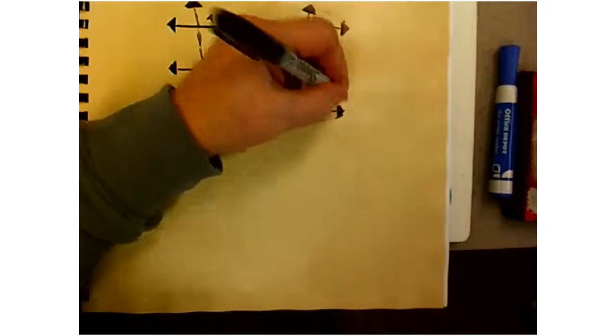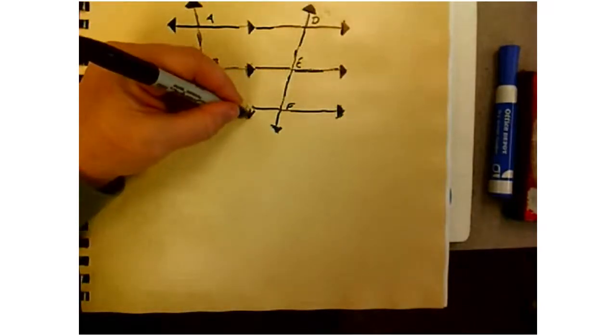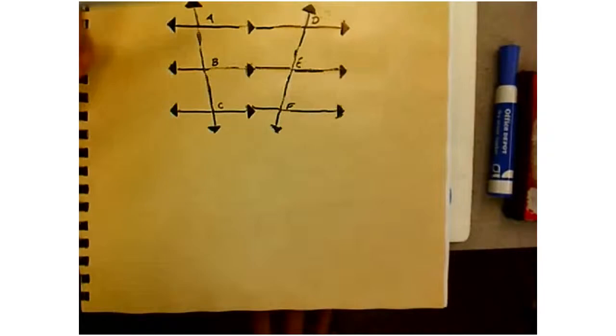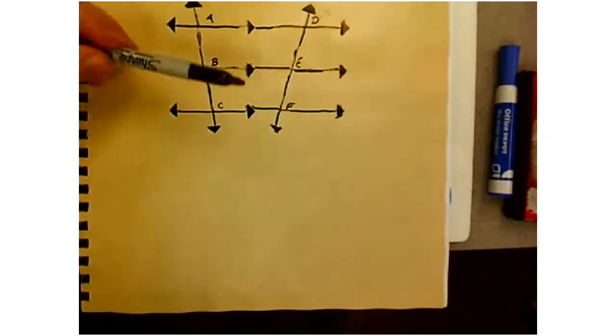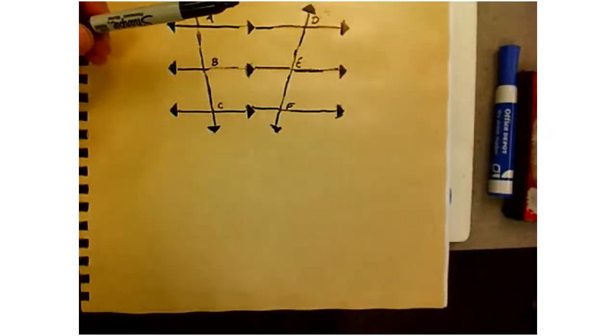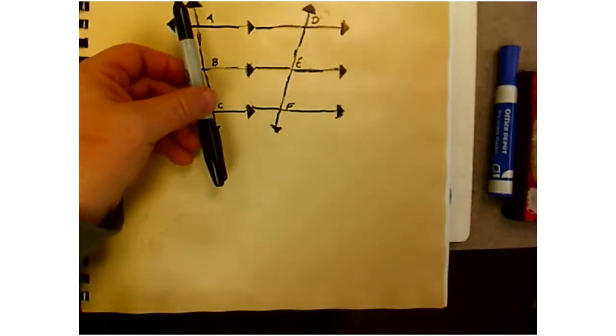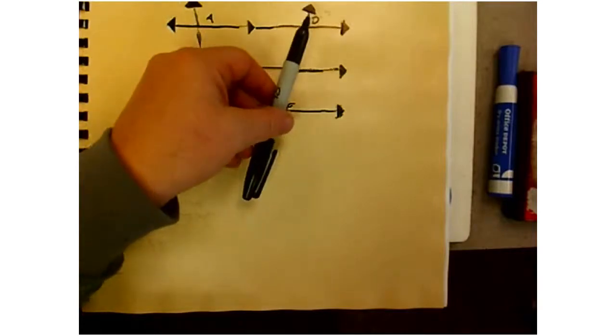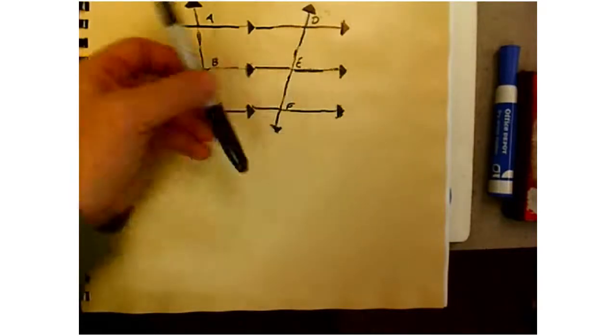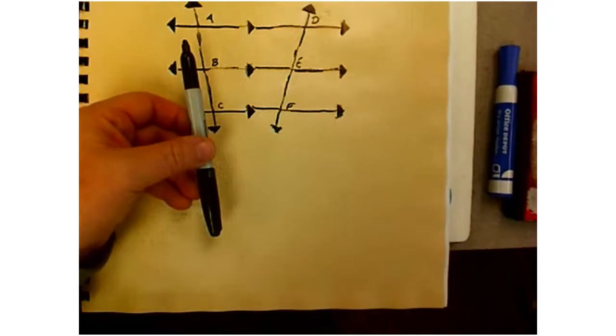So it's just reminding you that when you have 3 parallel lines and you get a transversal going through it, any 2 transversals will be proportionate to each other, because if you were to extend those transversals, they would eventually intersect and create triangles.